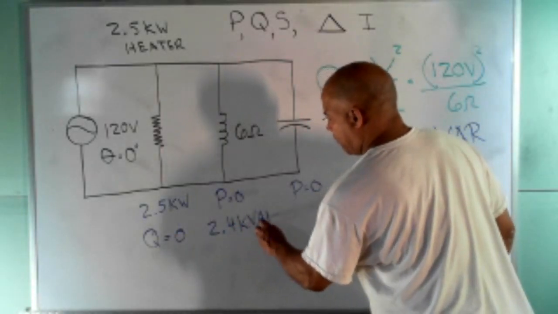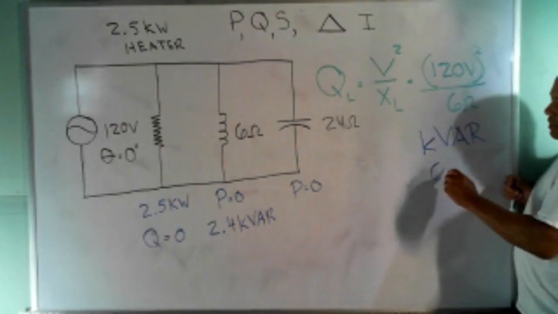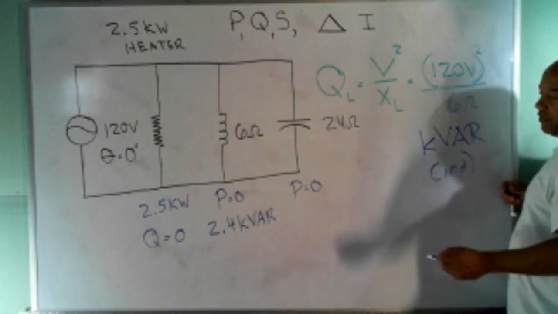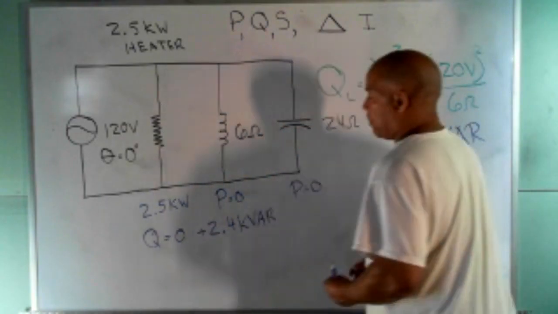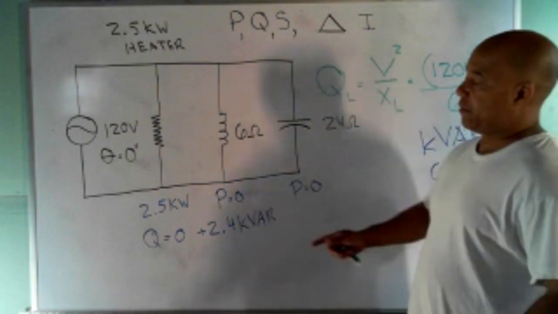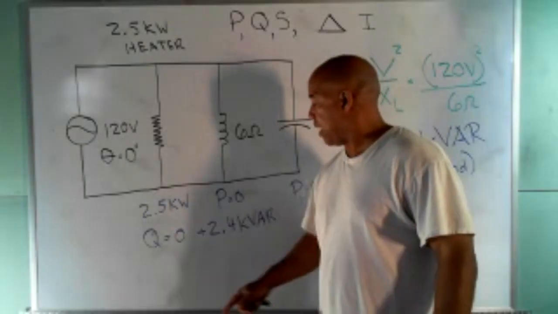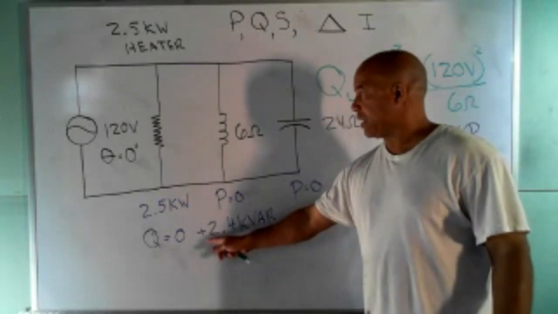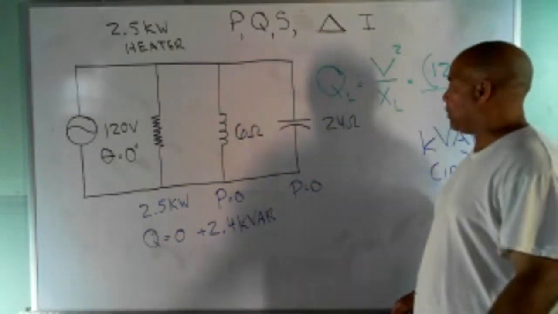Now, you've got to remember to write either IND to let us know that those are inductive ohms, or put a plus sign in front of it. I'm going to choose to put a plus sign in front of it. So here, for the resistor, I don't have any reactive power, all resistor power. Here, no resistor power, all reactive power. It's positive because it's inductive. And I'll do the same thing here, but of course that'll be negative.